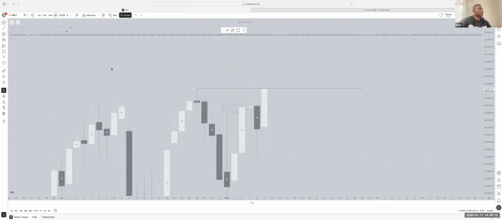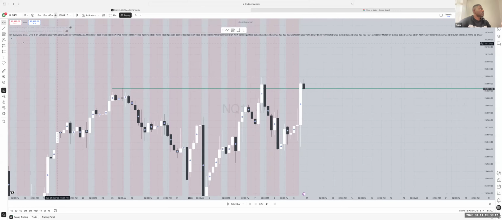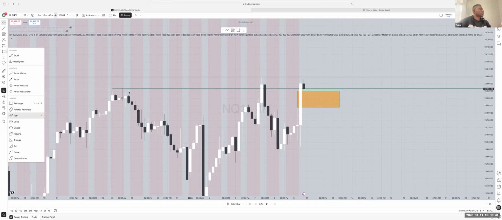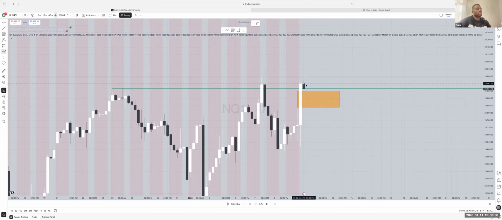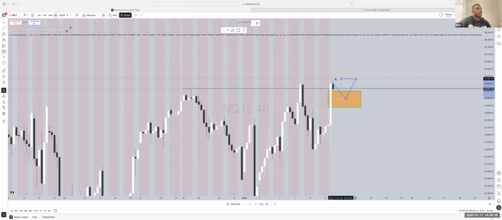So I want to see potentially something like this. The market trades back into this 4-hour fair value gap here. And then at least, the first target obviously would be last week's high, which is right there.